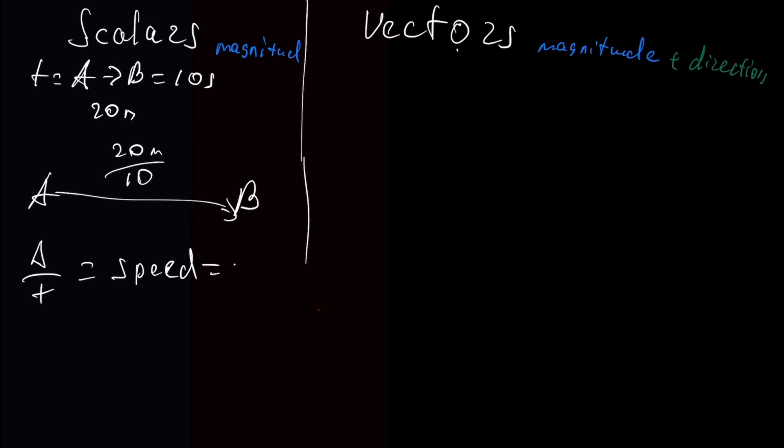That would be 2 meters per second, right? But on the vectors we should show the directions as well.